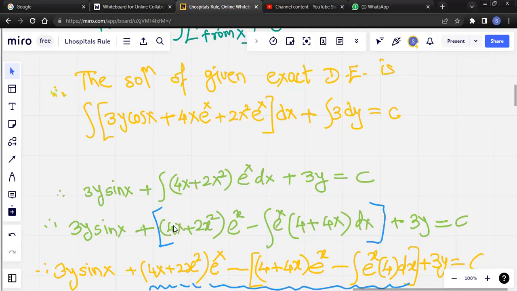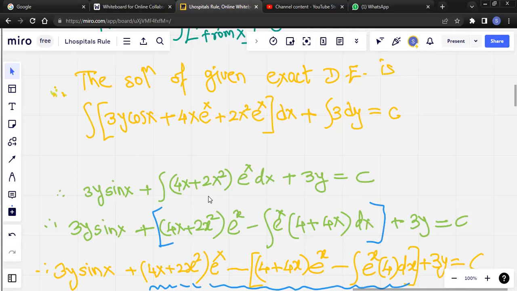The derivative of 4x is 4 and that of 2x^2 is 4x. So we get 3y sin x as it is, plus (4x plus 2x^2) e^x minus the integral of e^x (4 plus 4x) dx, plus 3y equal to constant.